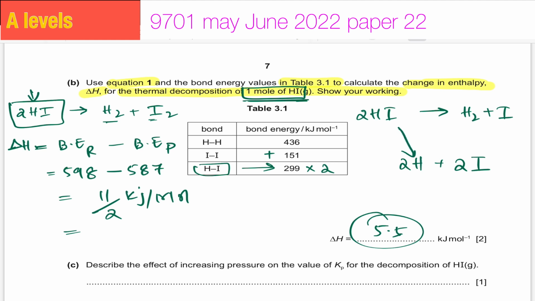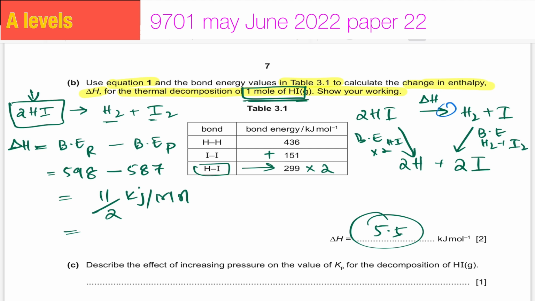So this is bond energy of hydrogen iodide multiplied by 2, and this is bond energy of hydrogen plus bond energy of iodine, because when a hydrogen molecule breaks, we get 2 hydrogen atoms, and when an iodine molecule breaks, we get 2 iodine atoms. And we have to calculate this delta H, so we can simply add this cycle by the head to tail rule, right?